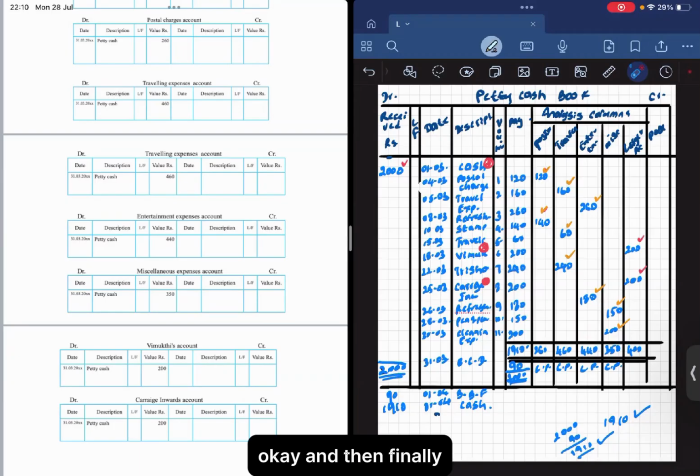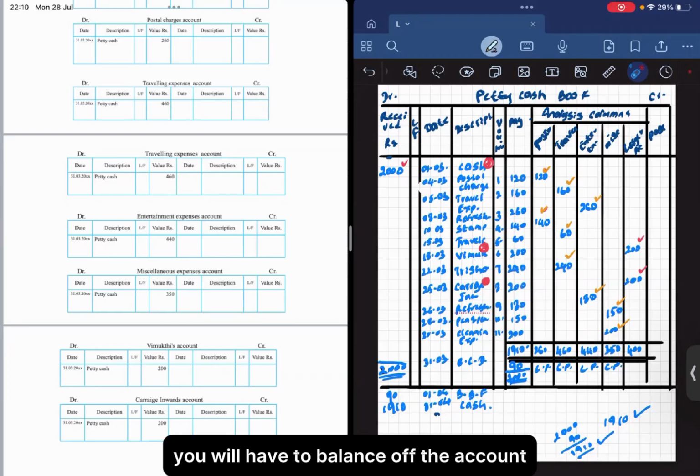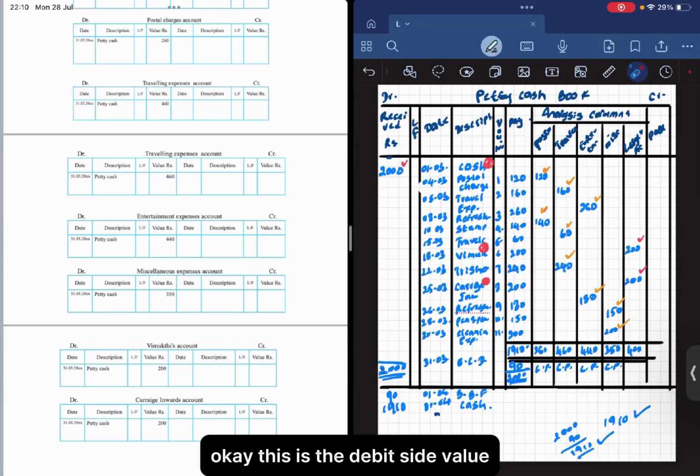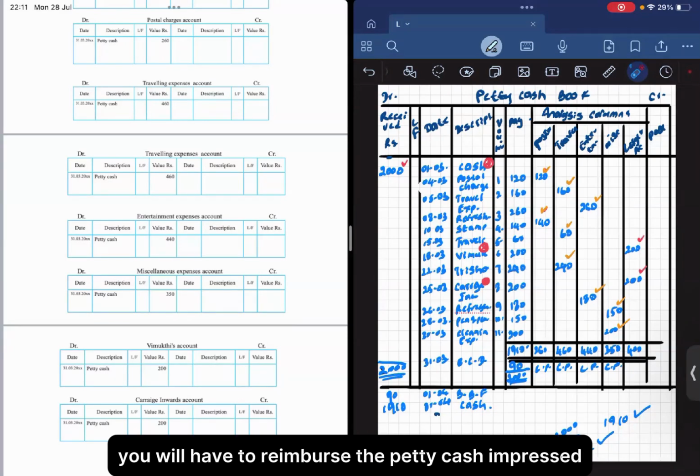And then finally you will have to balance off the account. This is the debit side value. This is the credit side value. And after balancing off, you will have to reimburse the petty cash imprest.